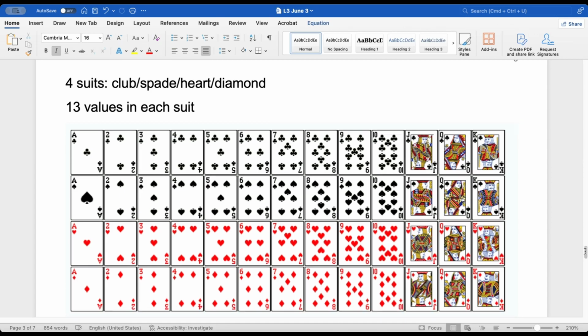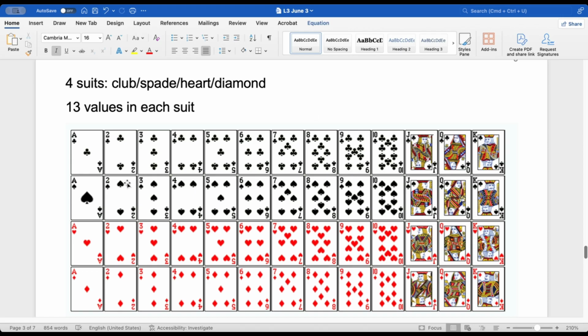So there are 52 cards. There are 4 suits: a club, spade, heart, diamond. There's 13 values in each suit: ace, 2 through 10, jack, queen, king. So a grand total of 52 cards. There are 13 values in each suit, and there are 4 suits, so there are 4 of each value.